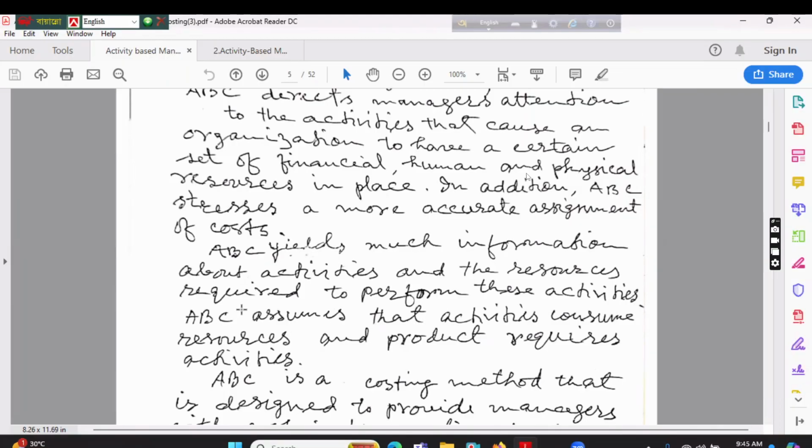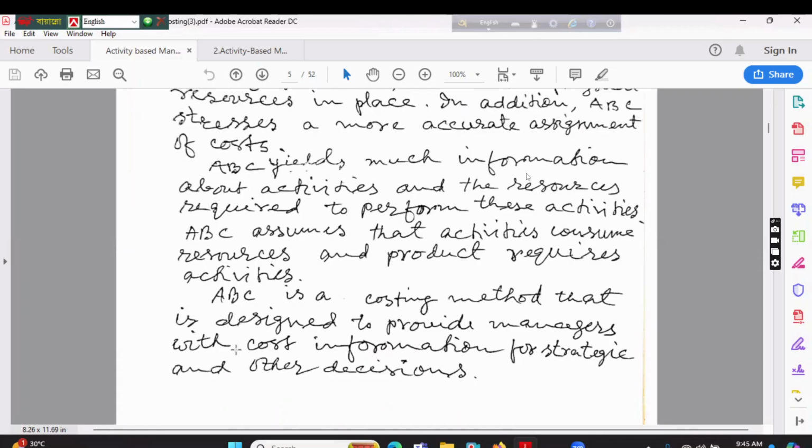Activity-based costing assumes that activities consume resources. Resources means inputs. And products require activities. ABC is a costing method that is designed to provide managers with cost information for strategic and other decisions.